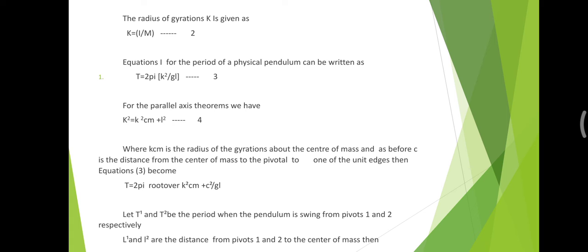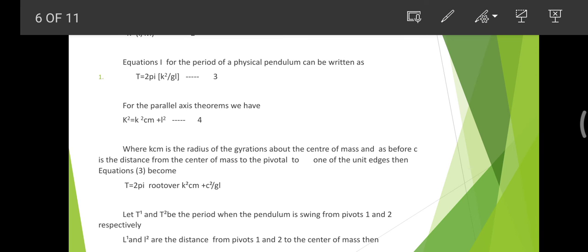From the parallel axis theorem, we have k² = k_cm² + l², equation 4, where k_cm is the radius of gyration about the center of mass, and l is the distance from the center of mass to the pivot. Then equation 3 becomes T = 2π√((k_cm² + l²)/gl).